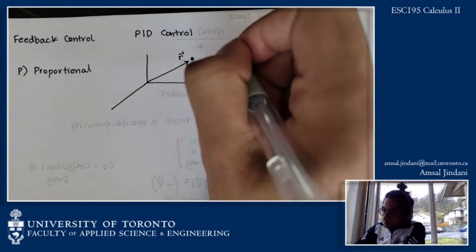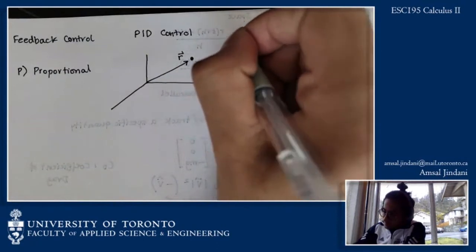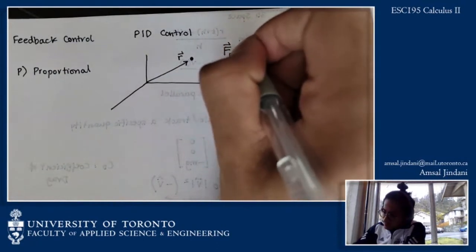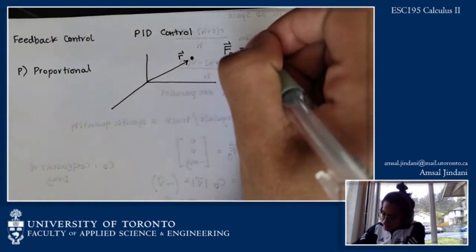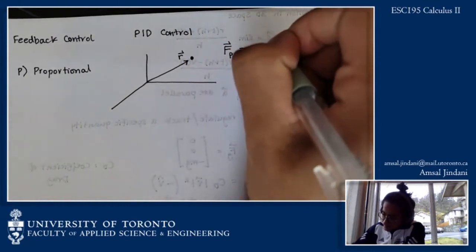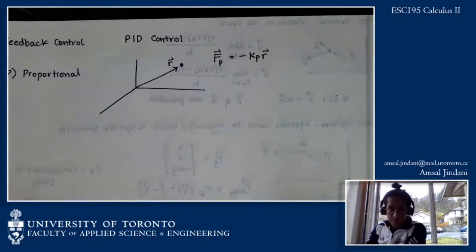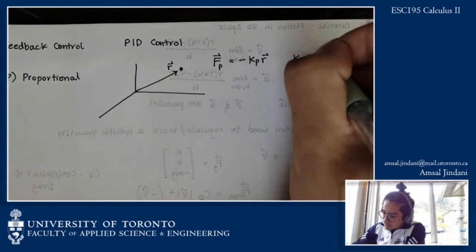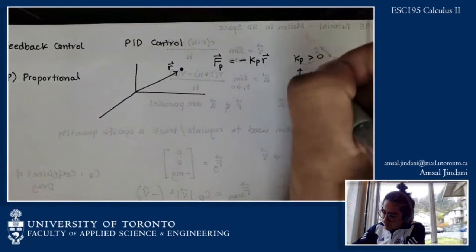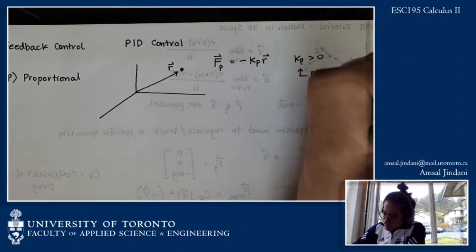Well, the proportional feedback commands a force that is in the opposite direction of this. So Fp is equal to minus Kp times r, where Kp is greater than 0, and this is called our proportional gain.